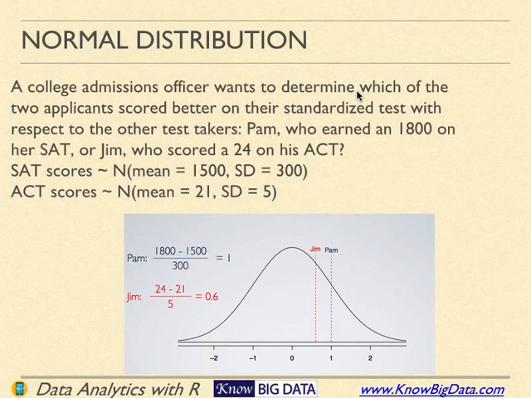Graphically, if you draw the same thing on the graph, you get this kind of picture. Jim is not on that extreme side, and therefore Pam is better, because Pam is 1 standard deviation away while Jim is 0.6.